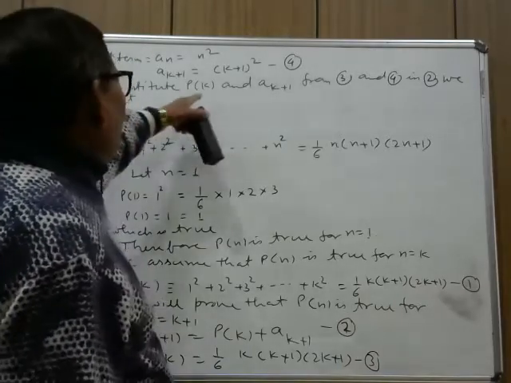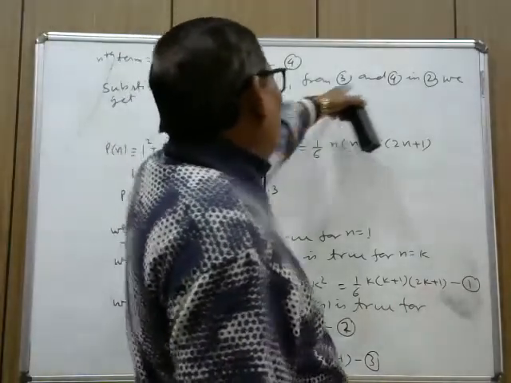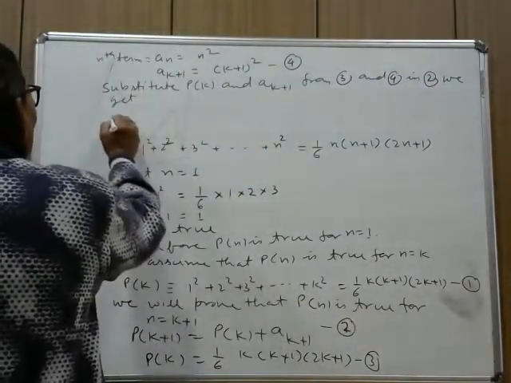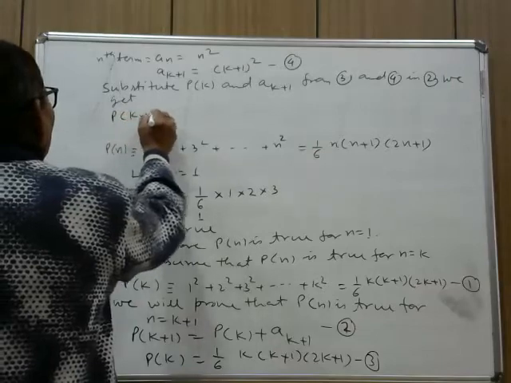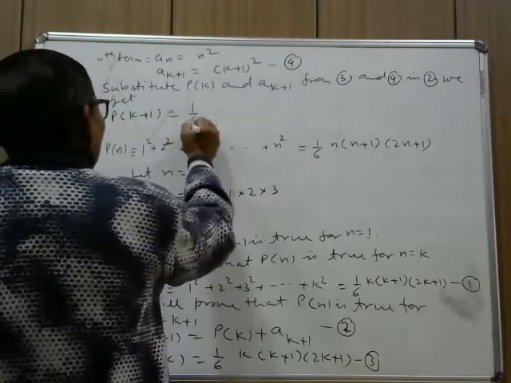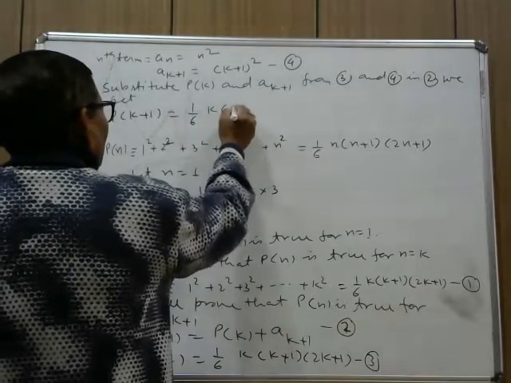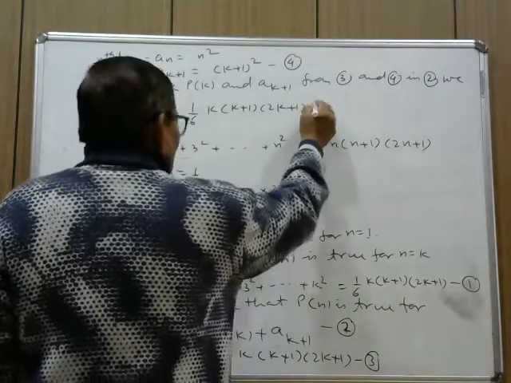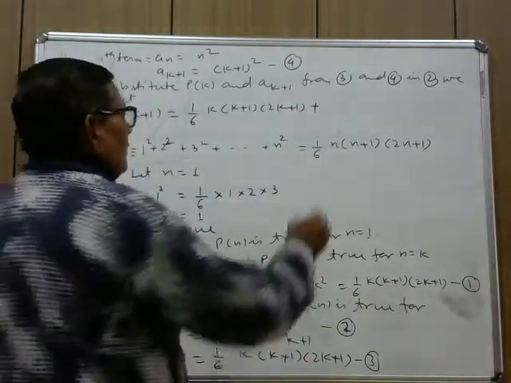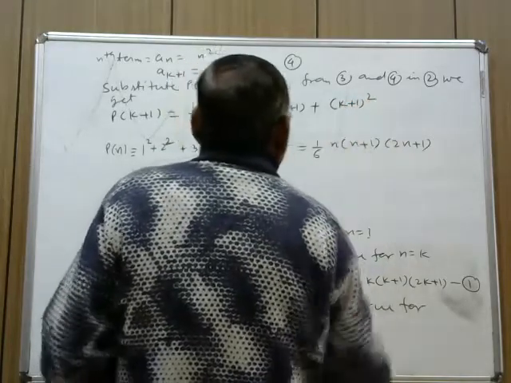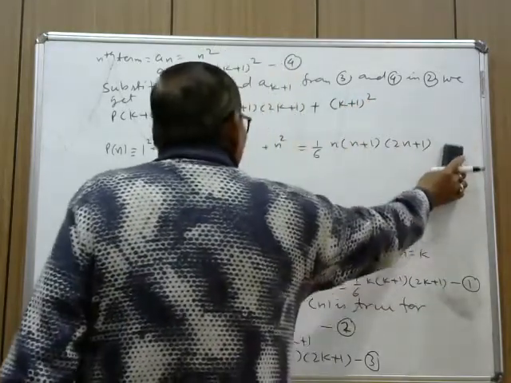So substituting Pk and a(k+1) from 3 and 4 in 2, we get P(k+1) equal to 1 by 6 k (k plus 1)(2k plus 1) plus the value of a(k+1), that is (k plus 1) whole square.